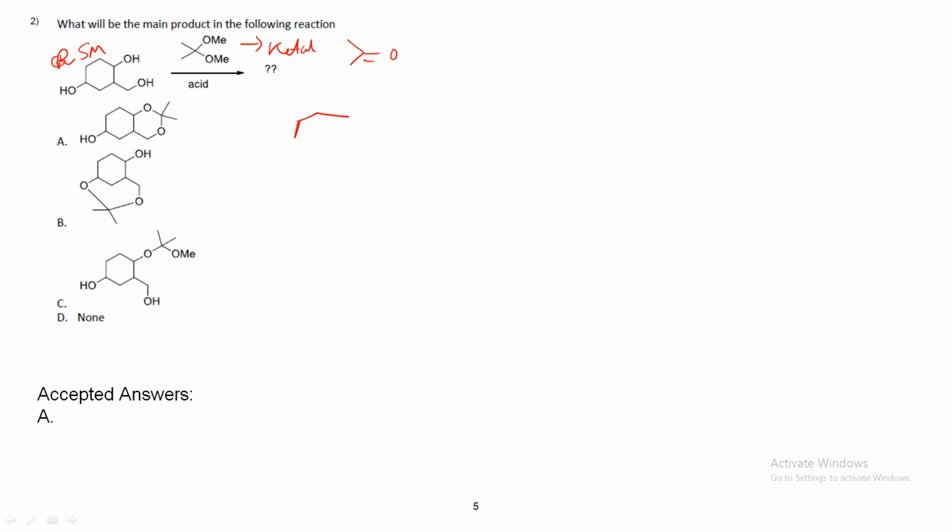In presence of acid at first, one of these OMe can be protonated and the other OMe would direct to leave one methanol group. So this is the reactive species we have, and methanol we have generated. All these things are reversible. Now in the system we have this molecule.